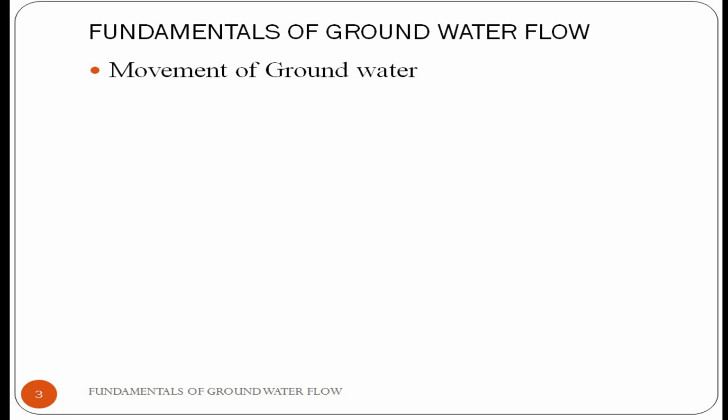Groundwater moves from levels of higher energy to levels of lower energy, its energy being essentially the result of elevation and pressure, the velocity heads being neglected since the flow is essentially laminar.